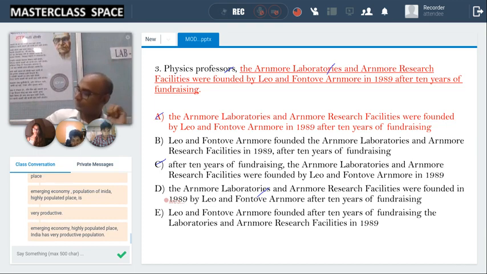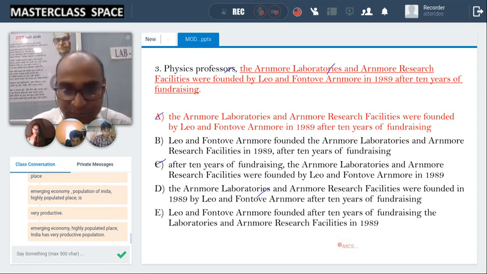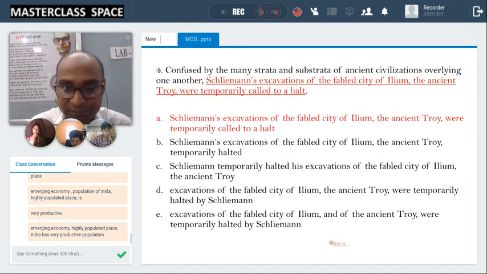Yeah, I can. Emerging economy, highly populated place, India has very productive population. So you will notice that there are two modifiers, emerging economy and highly populated place, and both are close to India. And now the meaning is very clear, right? So what is the problem? If the noun is moved away from the comma and is not just next to the comma, it changes its meaning, and that is why it is considered incorrect. Let me give you one more example.